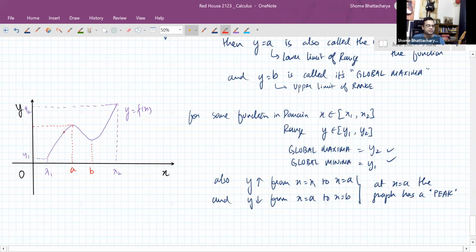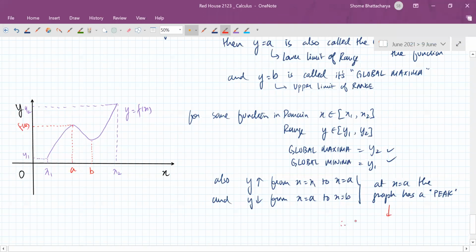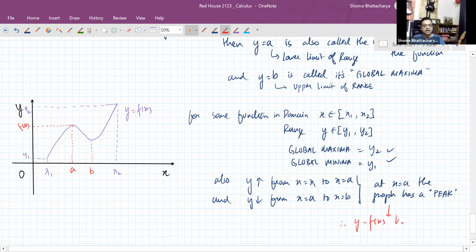But at the same time, the function is sort of peaking there before it starts to dip again. So that is why whatever the value of the function is at this point a, we call that the local maxima. Therefore, we say that the function fx has something called a local maxima at the point x equal to a.